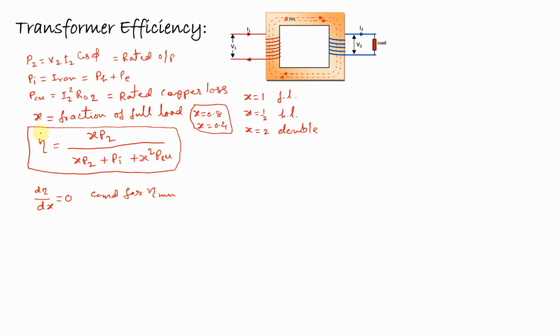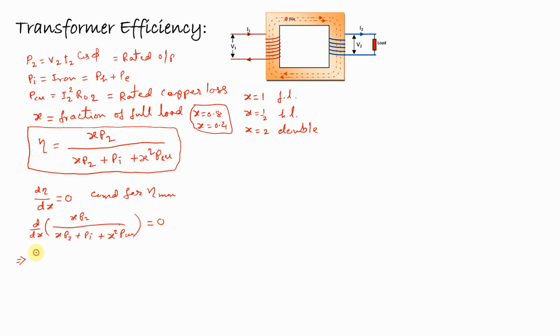That means here all other parameters are constant except the value of X. So now if we differentiate this, we can write d by dx of, within brackets, X P2 by X P2 plus Pi plus X square PCU. It should be equal to 0 for maximum efficiency.